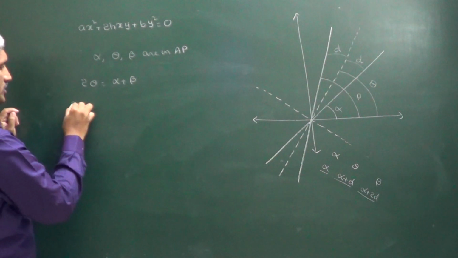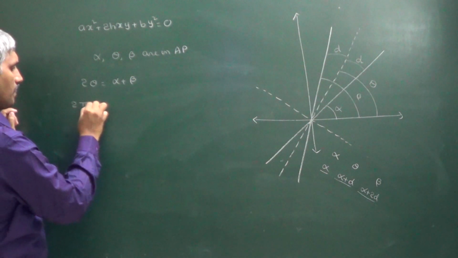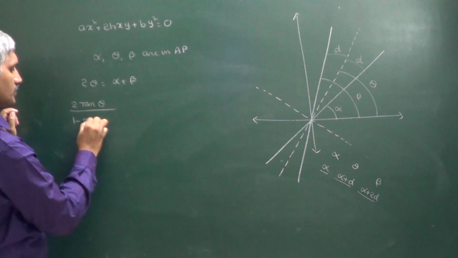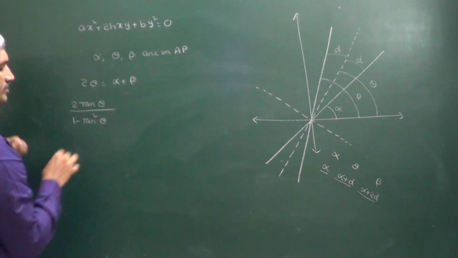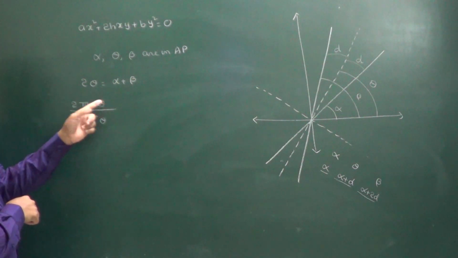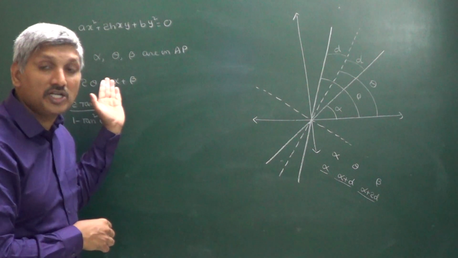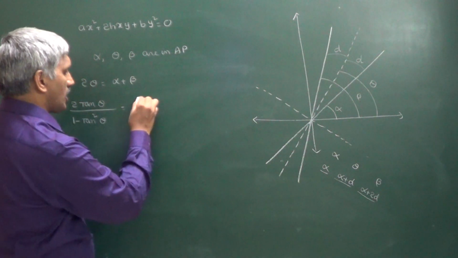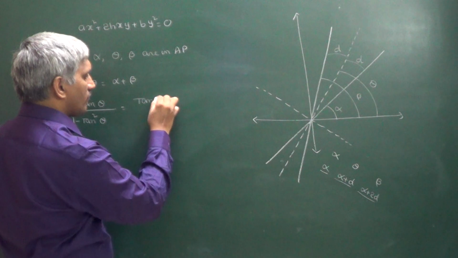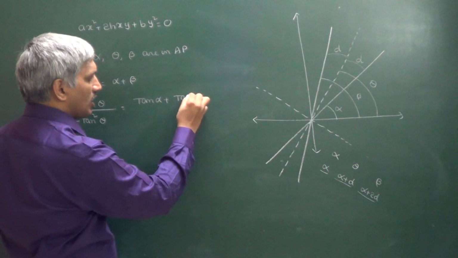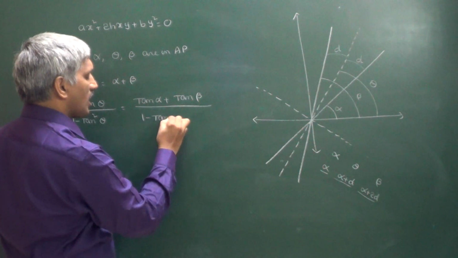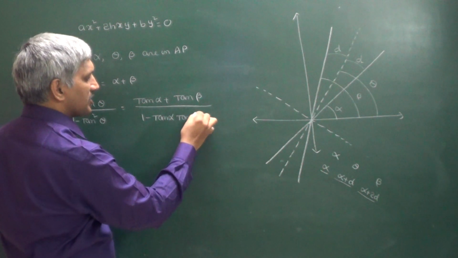Now I can write 2 tan theta divided by 1 minus tan square theta, right? Both sides I applied tan. The tan 2 theta formula is 2 tan theta by 1 minus tan square theta, which is equal to tan alpha plus tan beta divided by 1 minus tan alpha into tan beta.